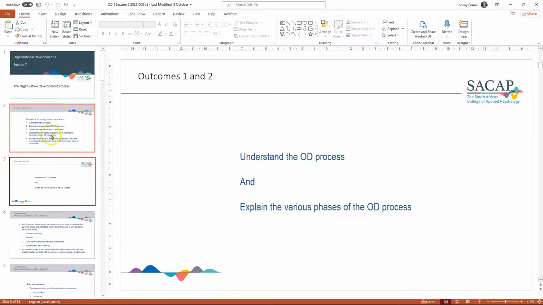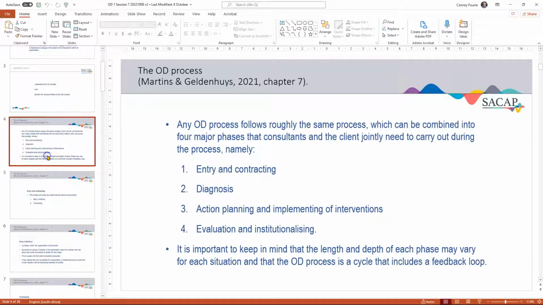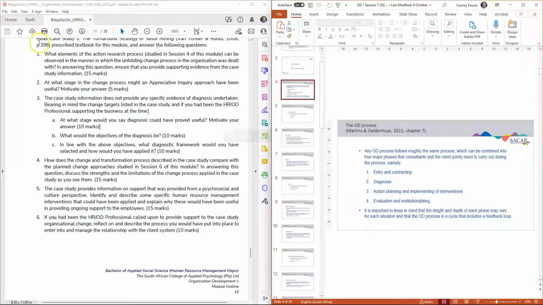So the phases of the process, and one of the very starting phases here is entry and contracting. If we look at the question, it says, if you had been the HROD professional called upon to provide support to the case study organizational change, reflect on and describe the process you would have put in place to enter, which is entry and contracting.